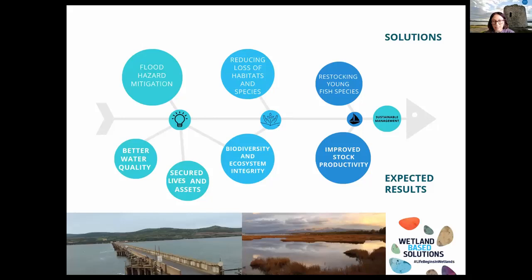The expected results coming from these solutions are to obtain a better water quality, to secure lives and local assets, and to preserve the existing good quality biodiversity, but also to restore integrity of biodiversity in ecosystems that are now endangered, and to improve the productivity of the fish and mollusk stocks in the lagoon.